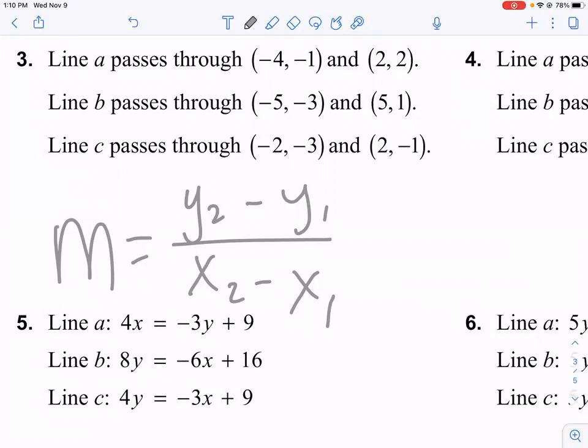Where's your 40? Minus three. I don't know, okay, where did it go?